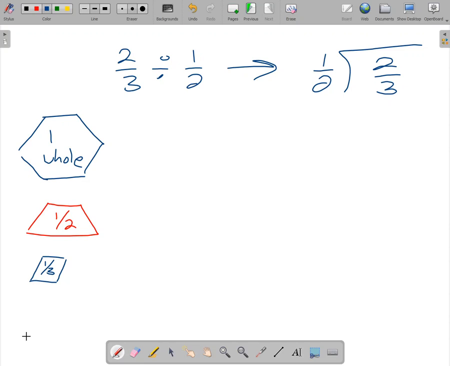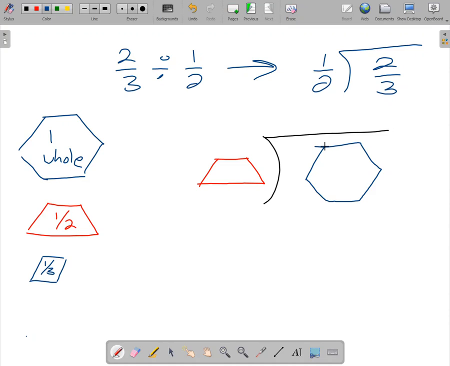So redrawing that here, let's see if I can do this. I want to have 1/2 go into 2/3. And so for the 2/3, I'm going to have to draw the whole first and show my two rhombuses. Not too bad.